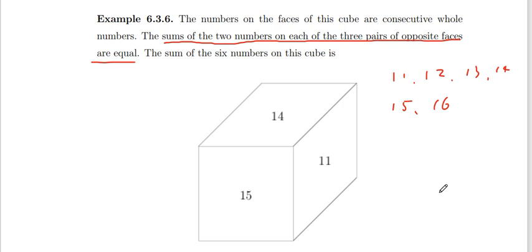The sum of the 6 numbers on the cube is what? So we need to find these 6 numbers. The 6 numbers can be those numbers, or can start from 10.